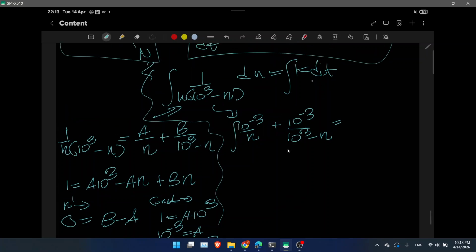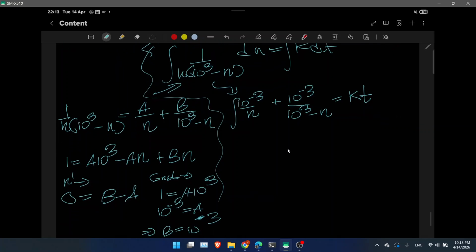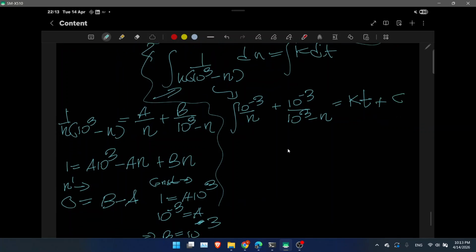On the other side, if you integrate k, it is just a constant times t, plus c. I will put a constant at the end by combining all the constants, so there is no problem with it. And 10 to the power minus 3 is just a constant. Sorry, there is a dn in here.